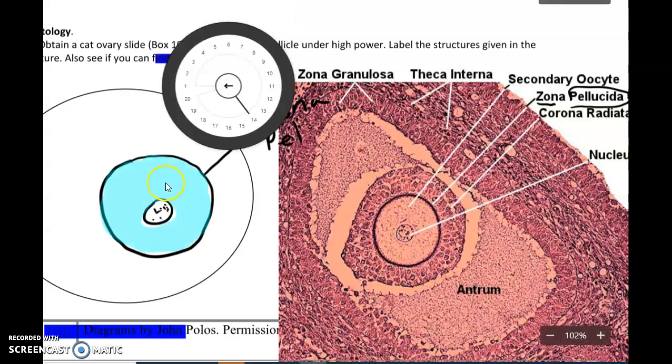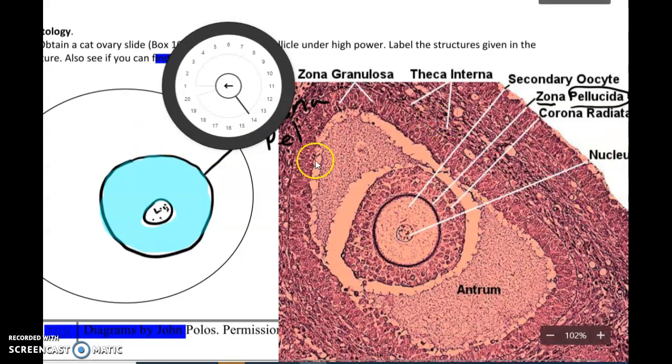So here it is. Isn't it beautiful? This is our primary oocyte, and these cells are undergoing meiosis. And it actually stops being a secondary follicle when it finishes meiosis 1. It becomes a tertiary follicle and starts producing lots of estrogen to be ready to be ovulated.